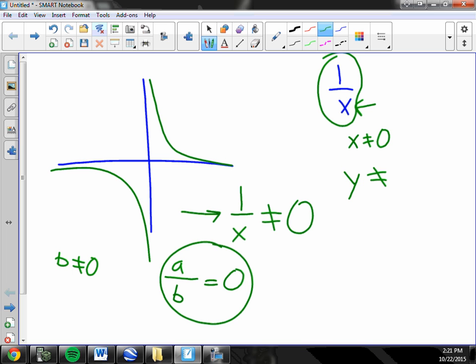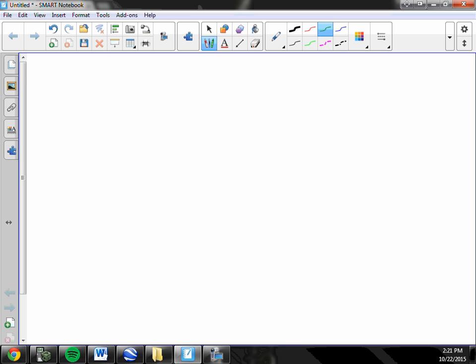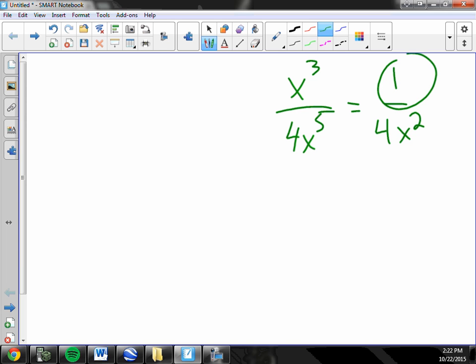So when you're looking at a rational expression, let's say we had x to the third over 4x to the fifth. That's going to simplify into 1 over 4x squared. If there are more x's on bottom than on top, your horizontal asymptote is always at 0. Because when the x's cancel, you have no variation in the numerator. And there's no way for the top to equal 0.